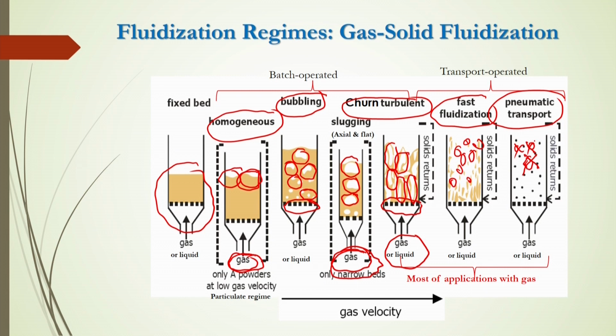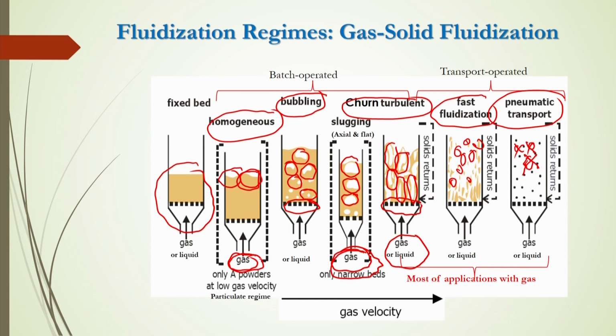Now, to get the minimum fluidization, of course, you have to maintain certain gas velocity, that is called incipient condition, and that is called incipient fluidized bed or minimum fluidization condition. So, of course, to get the fluidization, that minimum fluidization velocity should be required.